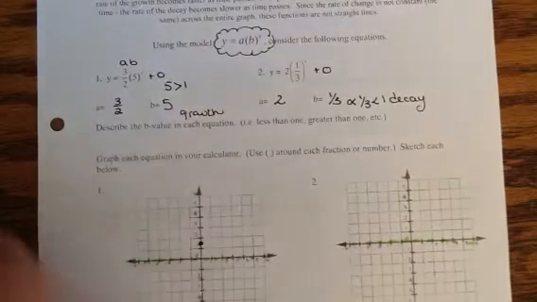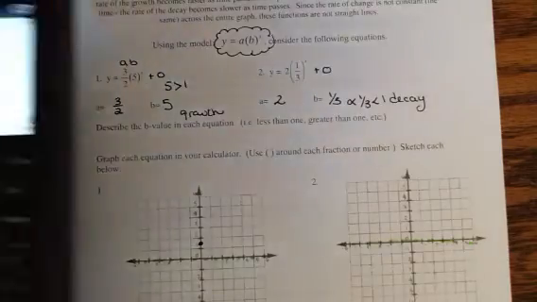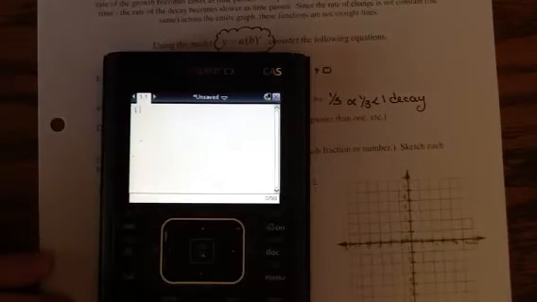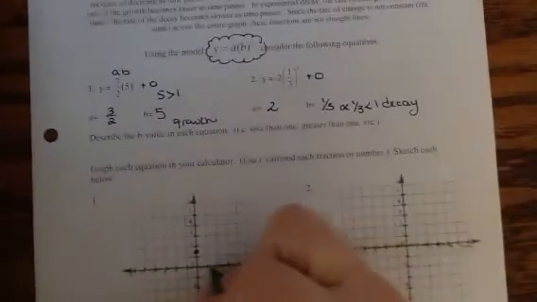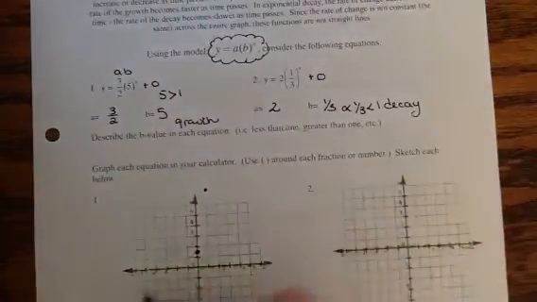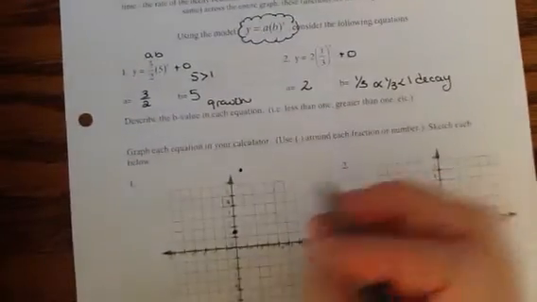So 1.5. And then I'm going to use my calculator. You can do math in your head or you can use your calculator. But all I'm going to do is 1.5 times 5. 7.5. So that means at 1, I'm way up here at like 7.5. And if you wanted to find another value, you can plug in -1.